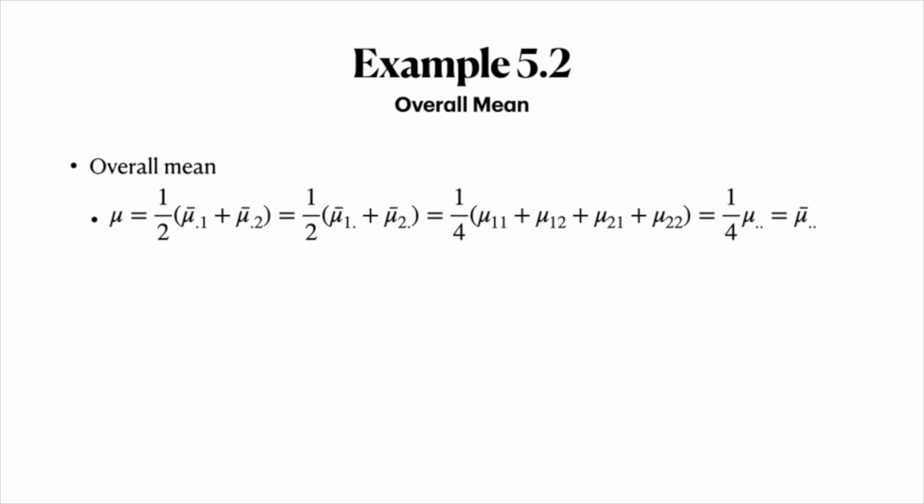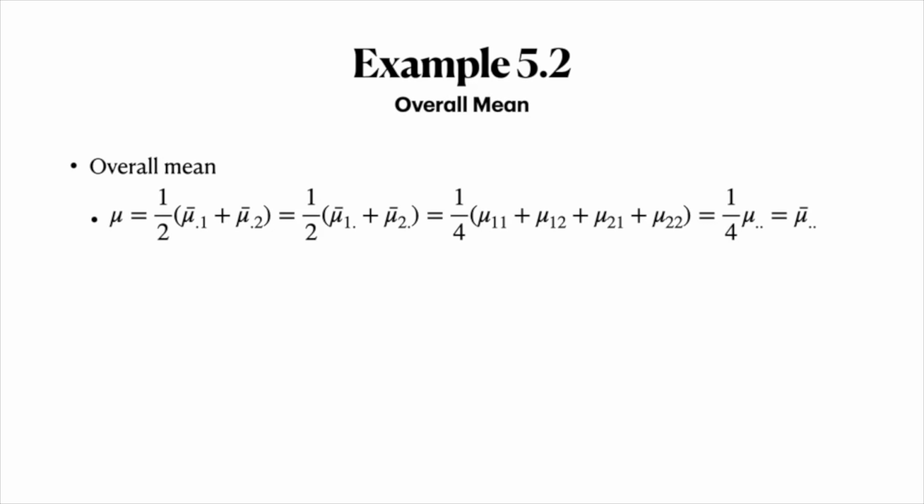And then we can denote the overall arithmetic mean of the treatment combinations as mu, but if we want to emphasize how we're calculating it, we can denote it by mu bar dot dot as well. And so we have all of these values.